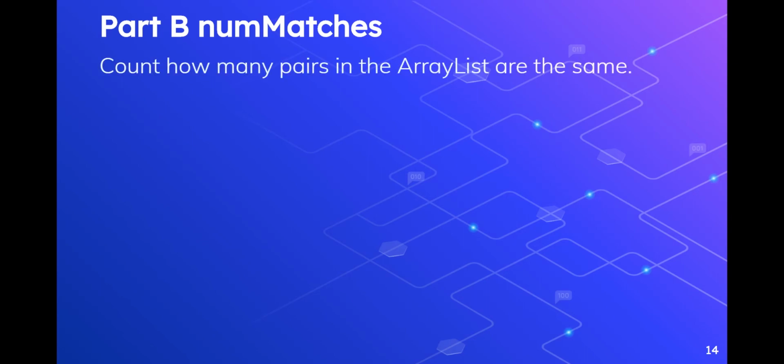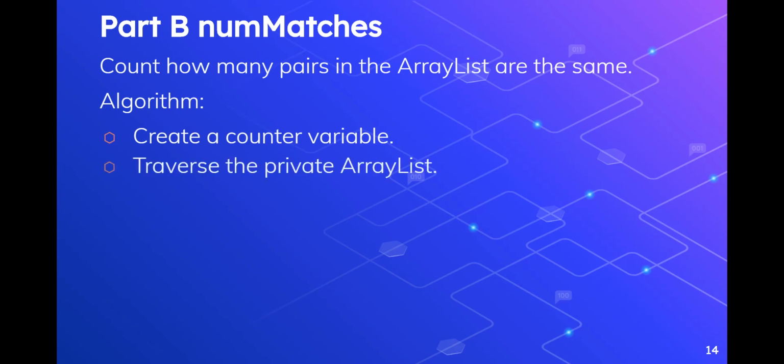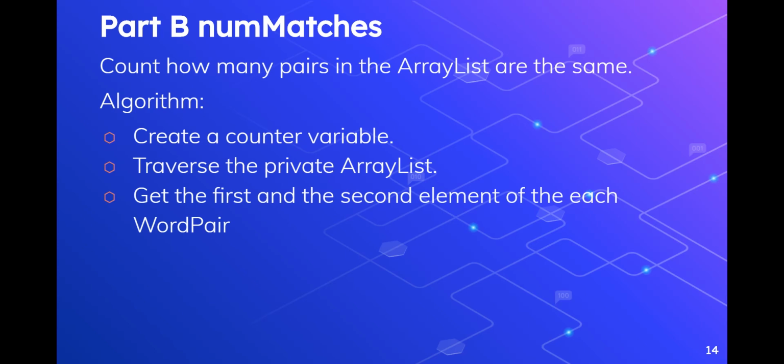All right. So here is again my algorithm for that. I need to create a counter variable, initialize it to 0. I traverse the word pairs or all pairs array list. I need to get the first and the second element using those getters that they identify previously in the first part that we didn't really have to mess with too much.